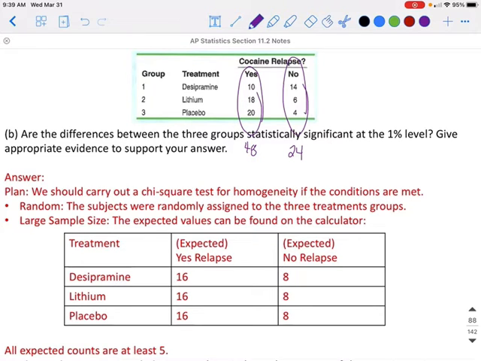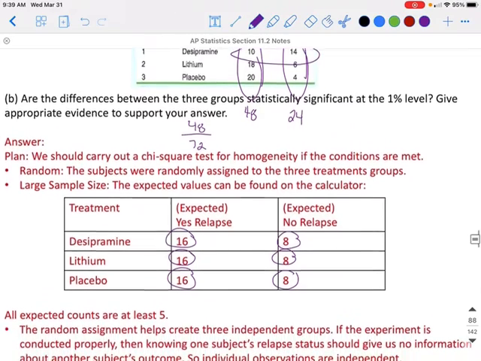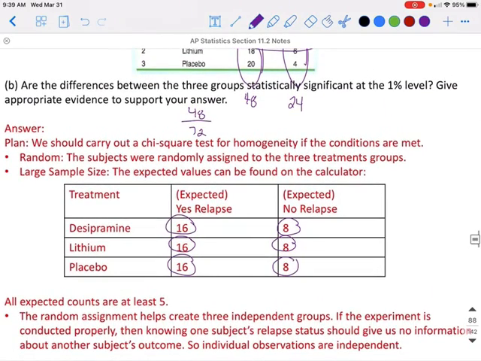So out of the 72 people, 48 relapsed out of 72. So find that percentage, and you would multiply it by the 24 to see how many you would expect to relapse if they were all the same, and how many you would expect to not relapse. Since all of these counts are at least 5, that large sample size has been met.